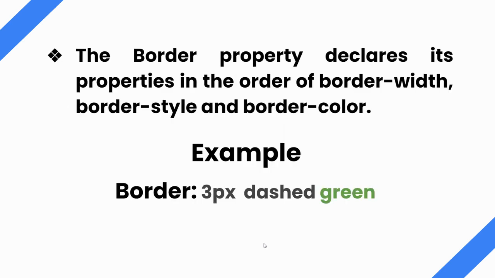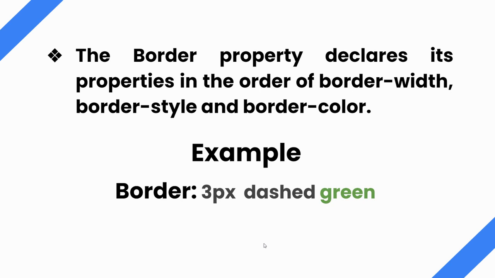So the border property declares its properties in the order of the border width, border style, and border color. Yes. So as you can see in this example, we have the border property assigned with three different values. The 3 pixels here actually connotes the border width.